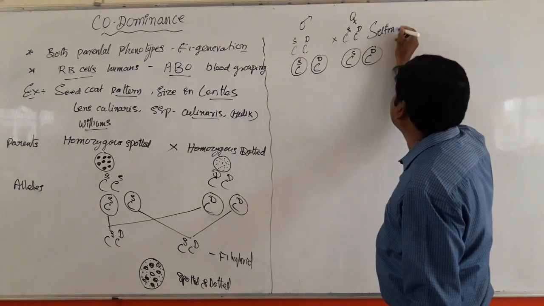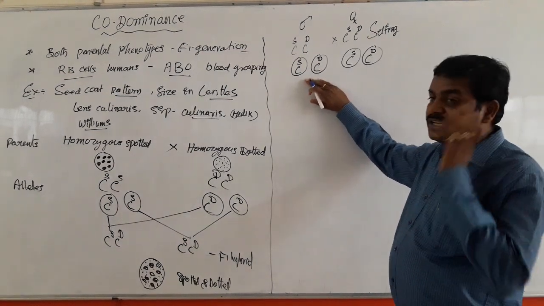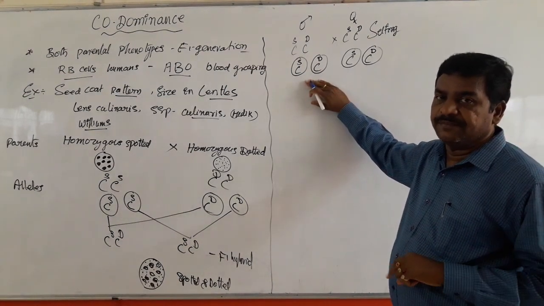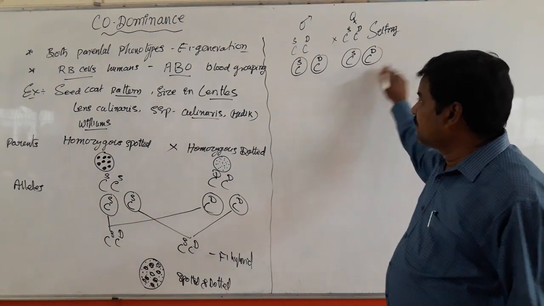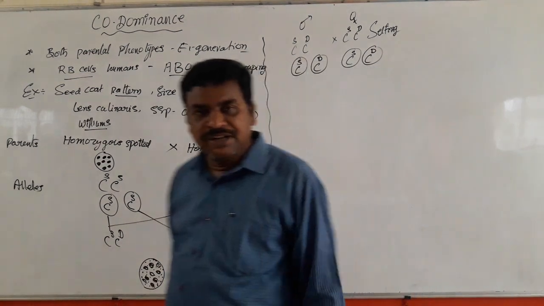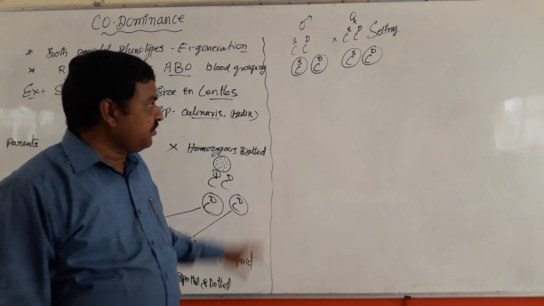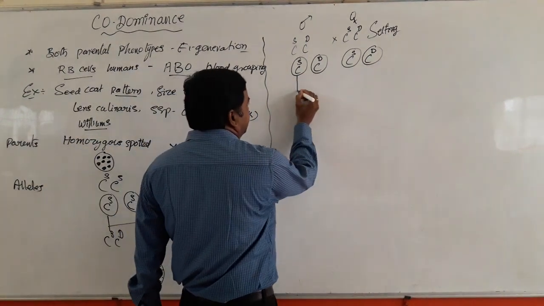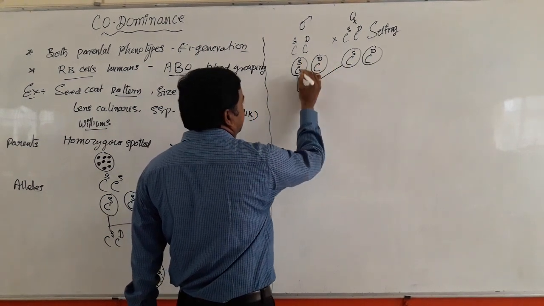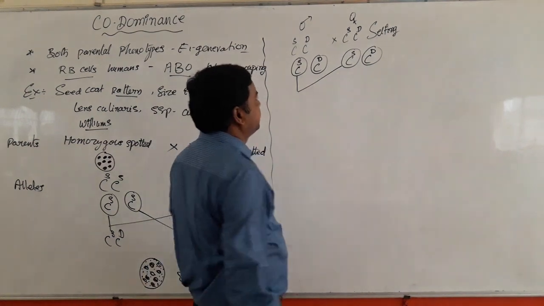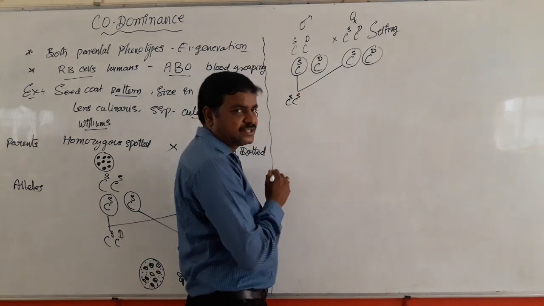This is selfing of F1 hybrids. These plants produce two different kinds of gametes, CS and CD, and the other produces CS and CD as well. Now combine them and find out the genotypes and phenotypes. CS may be combined with CS, forming CS CS.